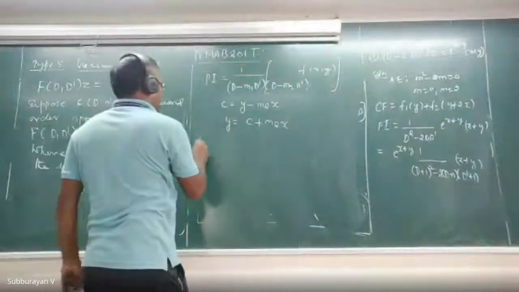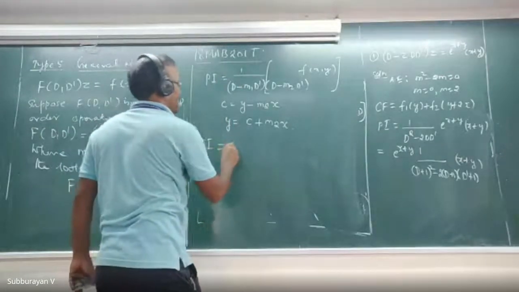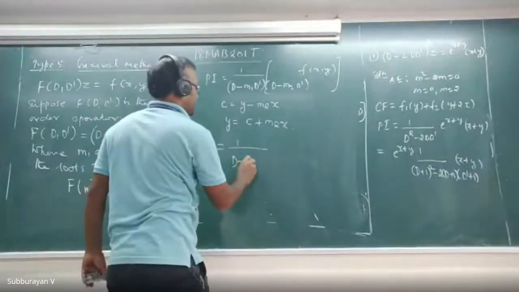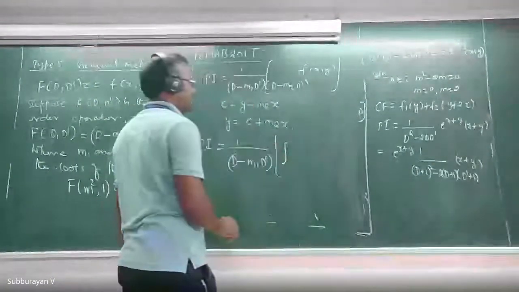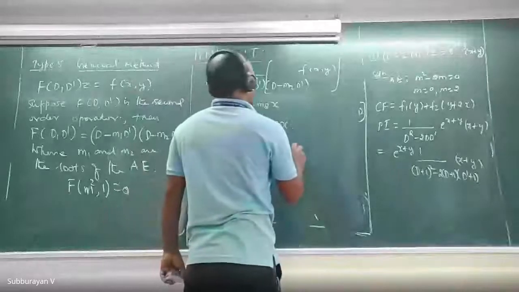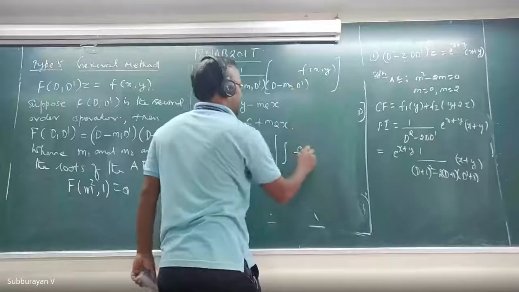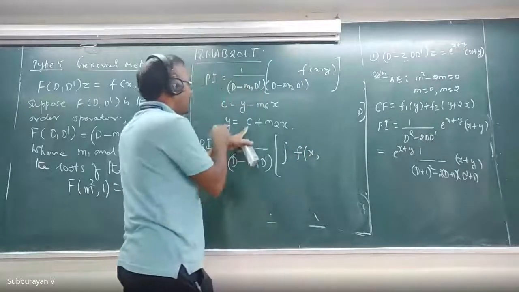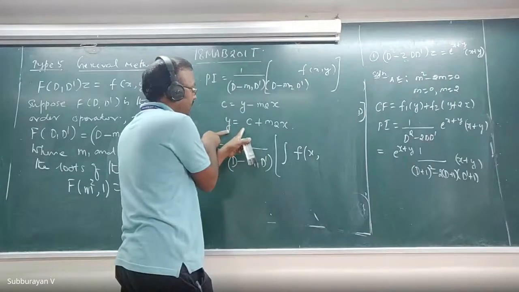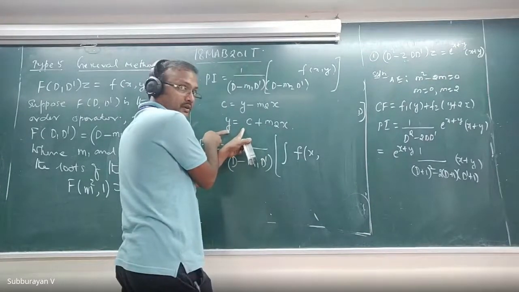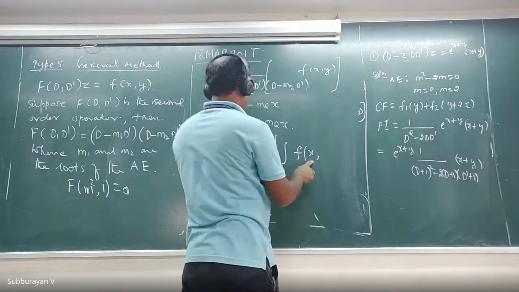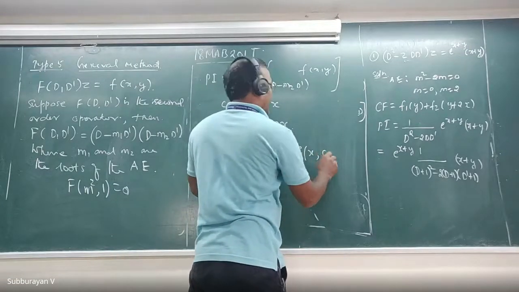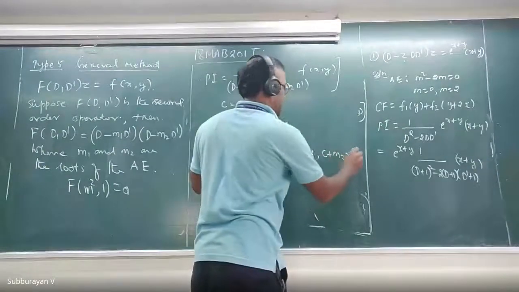Therefore, your particular integral is 1 upon D minus m1 D prime into the integral of f of x comma y, because I found an expression for y. So f of x comma c plus m2 x into dx.